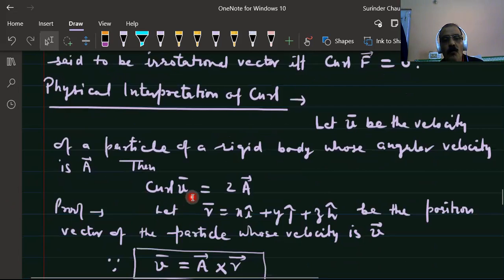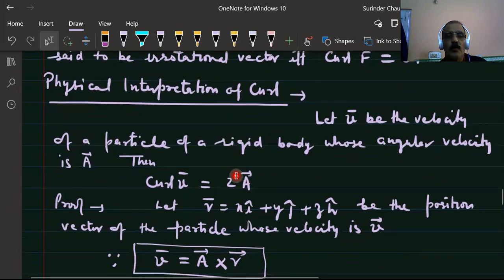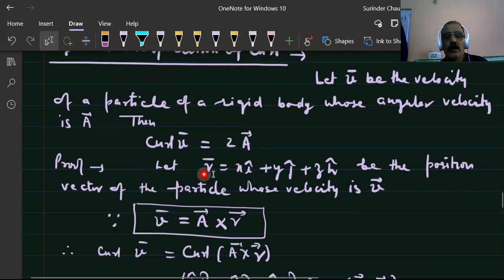Then curl of v is equal to 2ω. Proof: let r be the position vector of a particle whose velocity is v, with r = xi + yj + zk in component form.